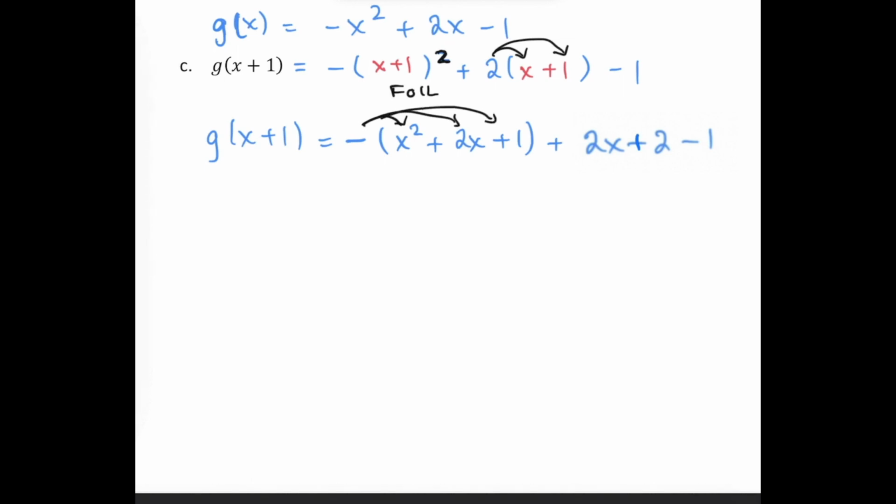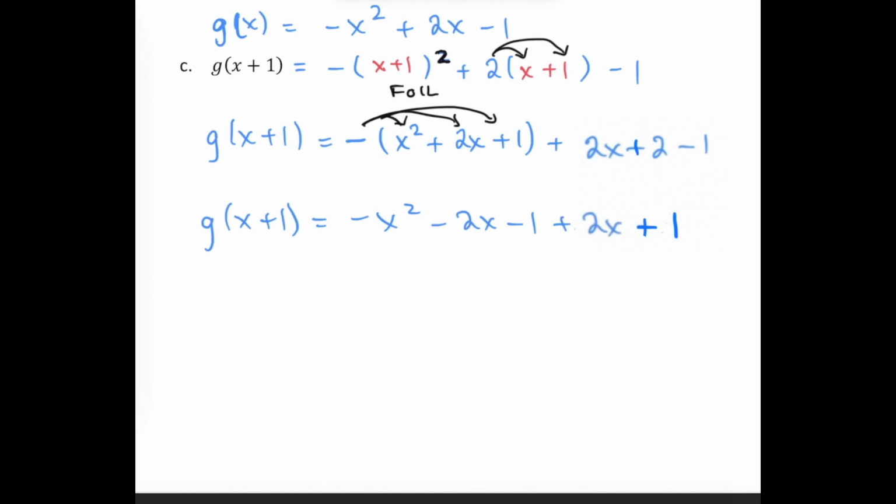And that's going to give us here, let's again copy paste the left hand side down, negative x squared minus 2x minus 1, and then copy pasting these things, 2x, let's go ahead and call this plus 1 because we are going to be combining like terms in the next step to get it as simple as possible. So we have negative x squared minus 2x plus 2x, those two things are going to cancel out.